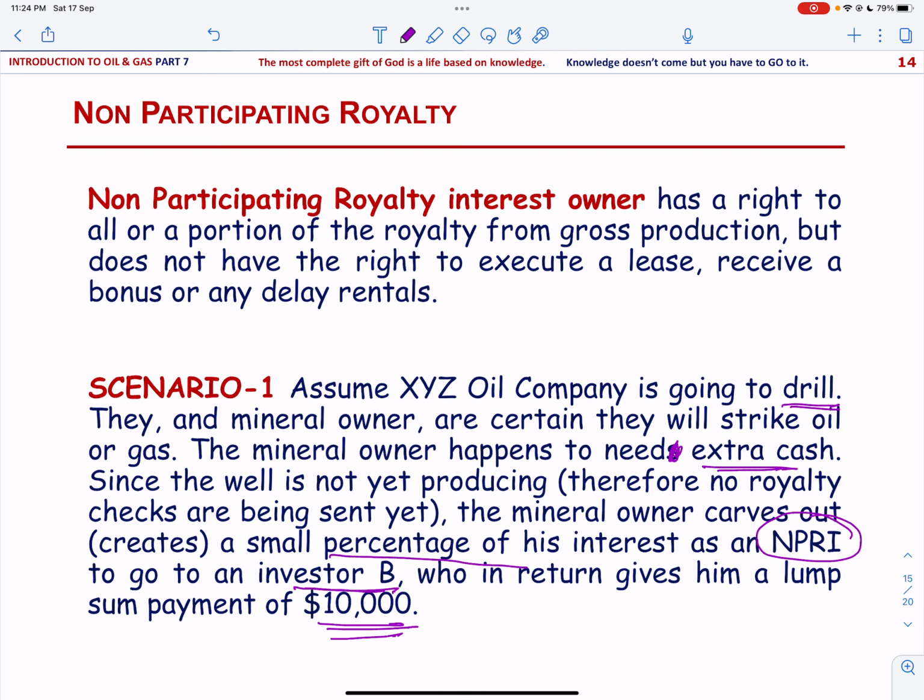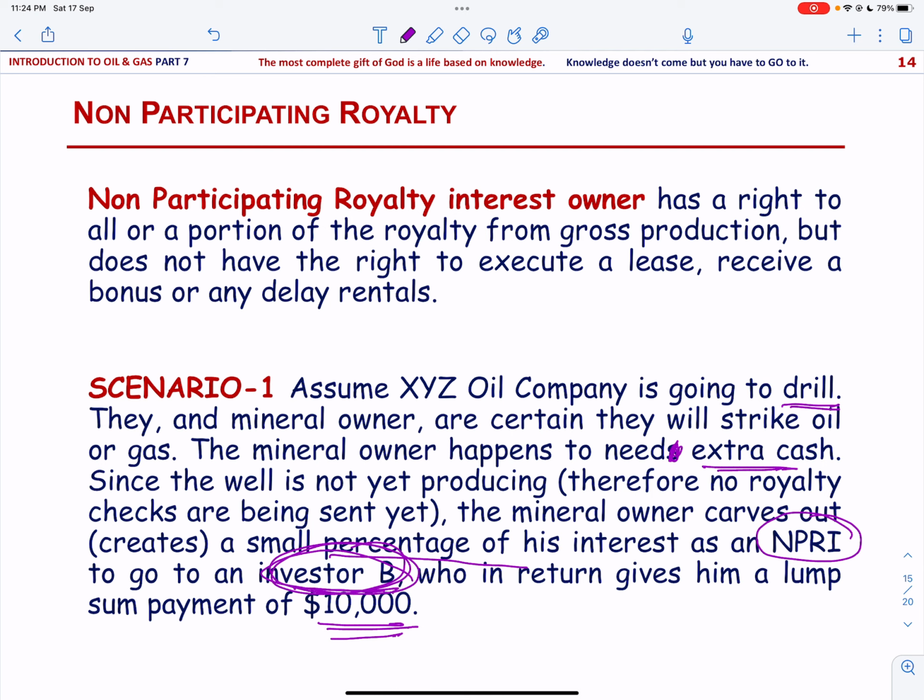So, when and if the well is going to produce, the mineral owner will receive income from his remaining royalty percentage, while the non-participating royalty interest owner, the investor B, will begin receiving income for his share from the lease agreement.